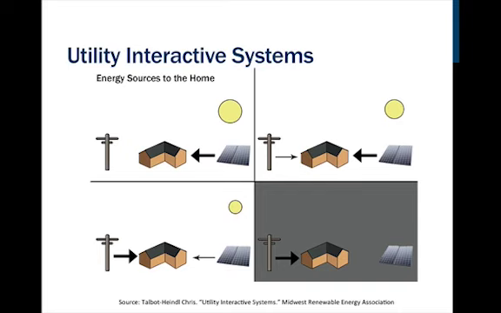Again, we talked about this a little bit earlier. This is just another illustration of the same thing. Here we have our PV array out in the backyard, and this power pole represents the utility. We're going to power up our home to some degree during the day, both from the renewables and the utility. They're both going to contribute to the electricity needs of the home.